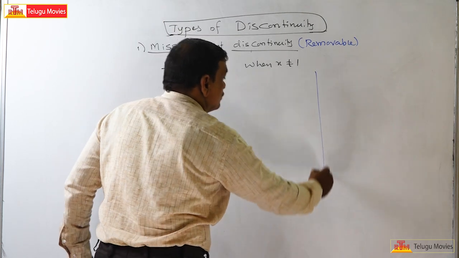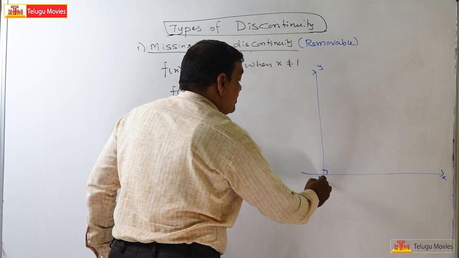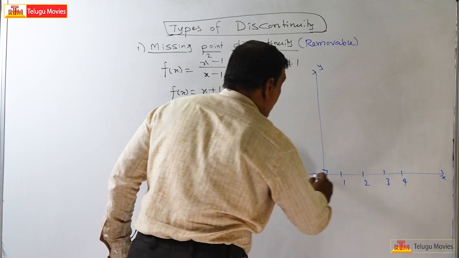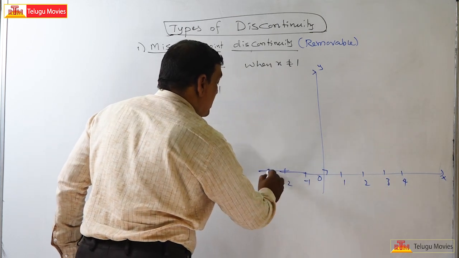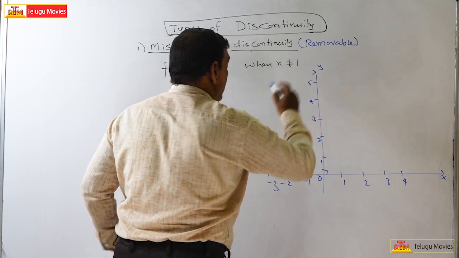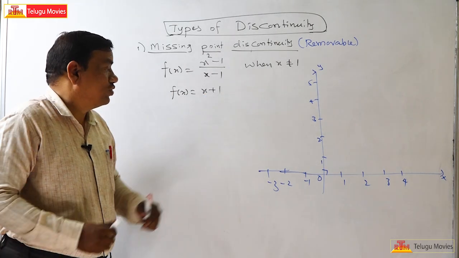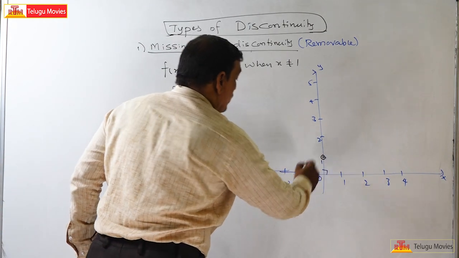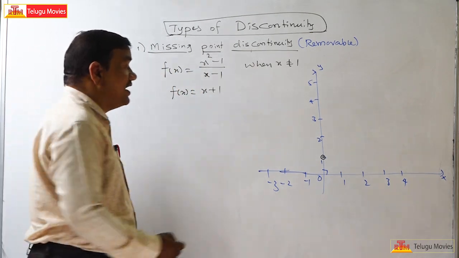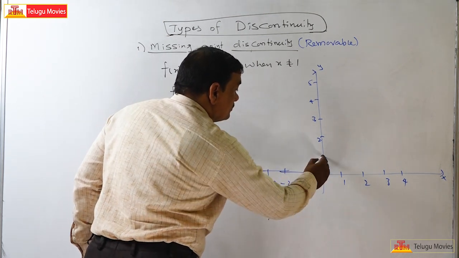This is the x-axis, this is the y-axis and this is the origin. If x is equal to 0, y is equal to 1, so the point is (0, 1). If y is equal to 0, x is equal to minus 1. So the graph is like this.